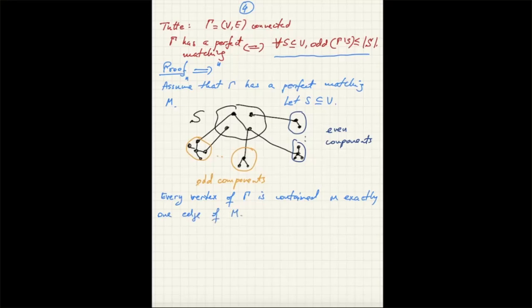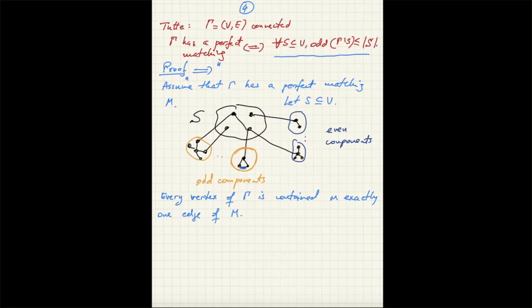Now, if we look at one of these odd components, let's say the one here, you see we have three vertices. Every vertex there is in some edge, one edge of the perfect matching.